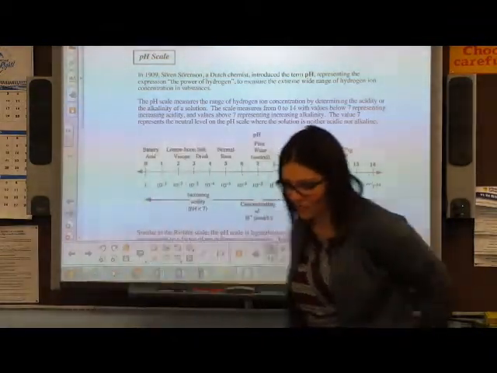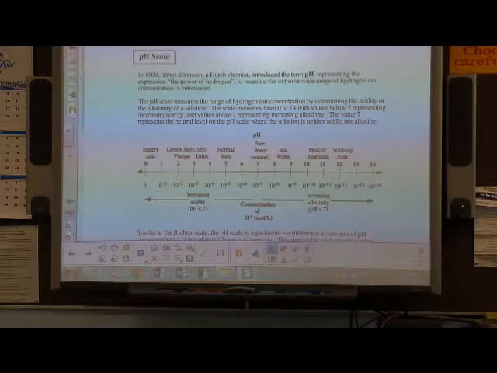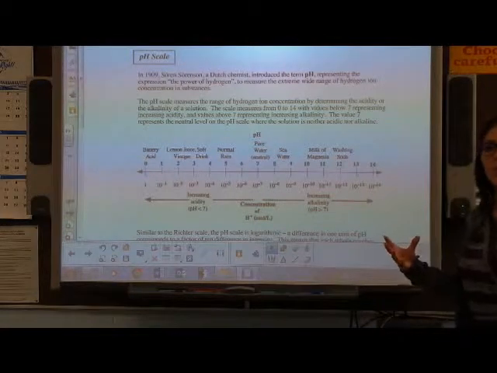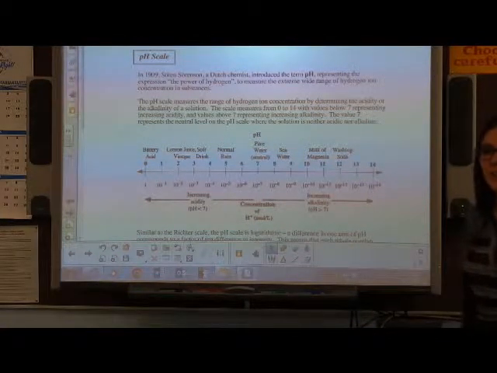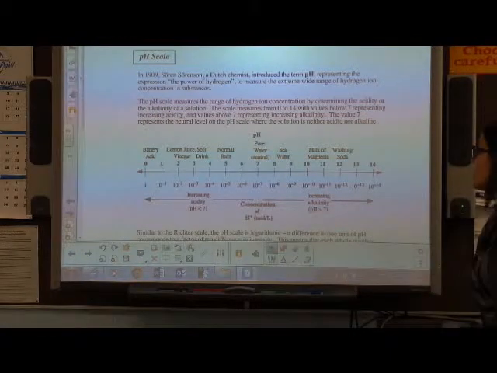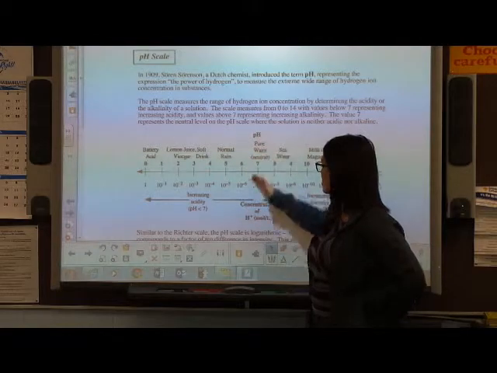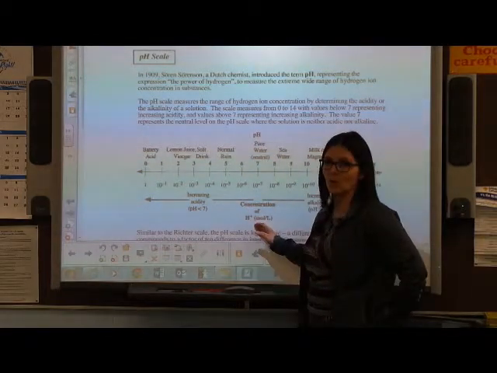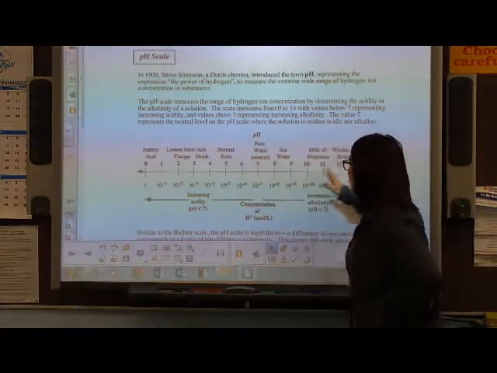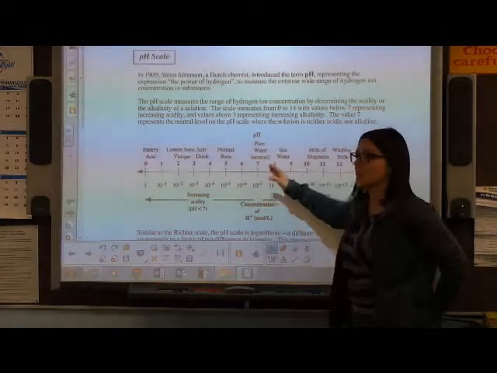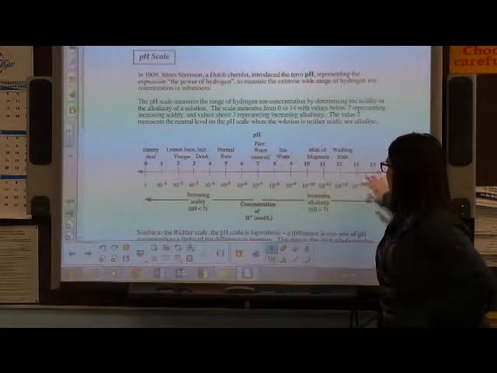Okay, the last logarithmic scale is the pH scale. So the pH scale, when that one is displayed as a horizontal scale, is a little bit different because in a pH scale you have acids and you have alkalines. So in your pH scale you've got pure water, which usually is considered at like 0. And then as I go to the right, I increase in alkalinity.